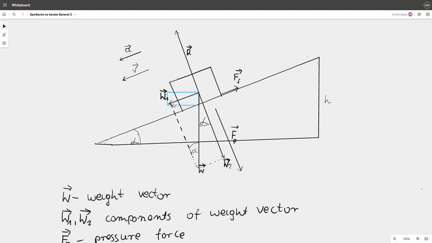Component W1 tries to accelerate the block down the ramp, and component W2 pushes the block in the direction perpendicular to the incline, and as a result, block pushes the incline with force Fp, pressure force. Magnitudes of component W2 and normal force R are the same according to Newton's first law of motion.